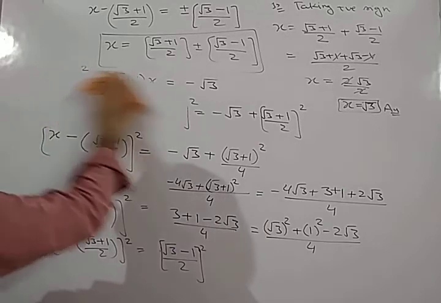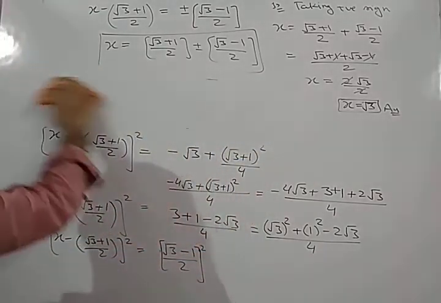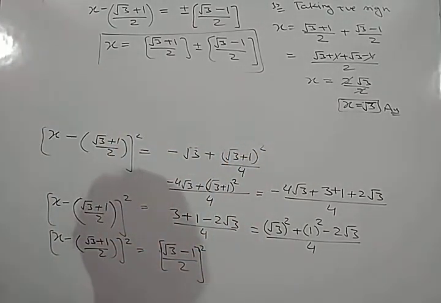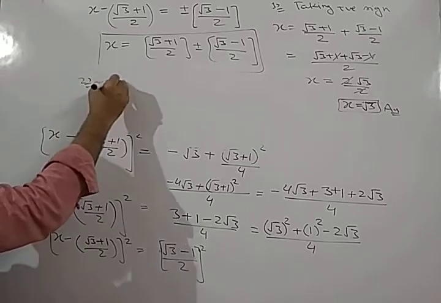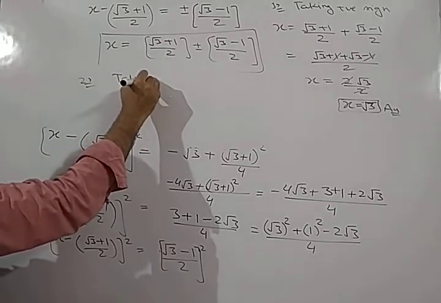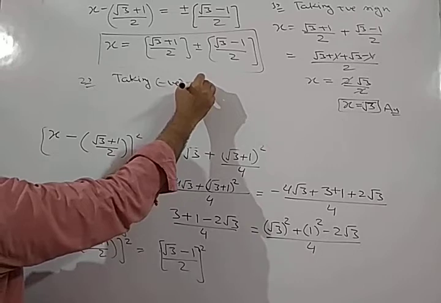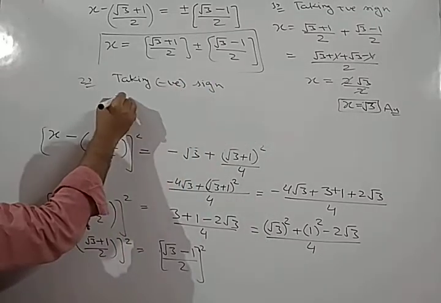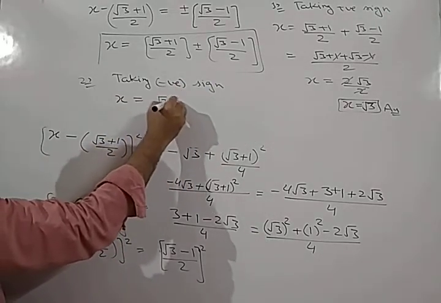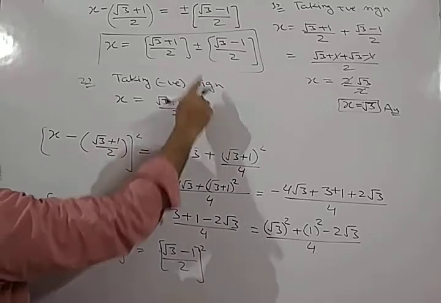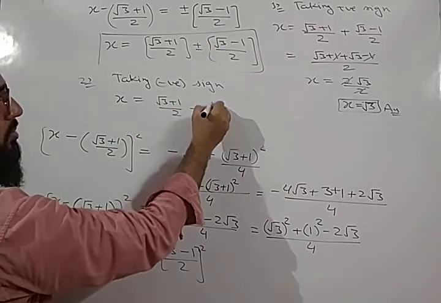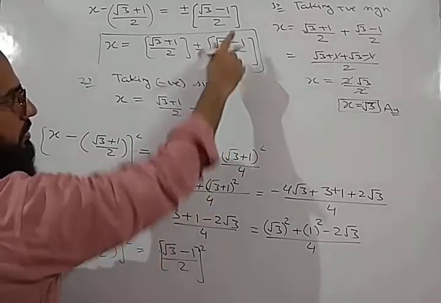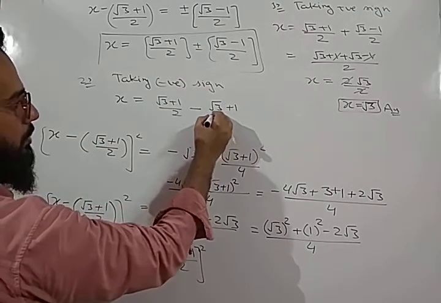Now again, taking the negative sign, we will get the second answer. Taking the negative sign, what will be the value? x is equal to (root 3 plus 1) whole upon 2 minus (root 3 minus 1) upon 2. When you take the minus, it will be minus root 3 and plus 1 upon 2.